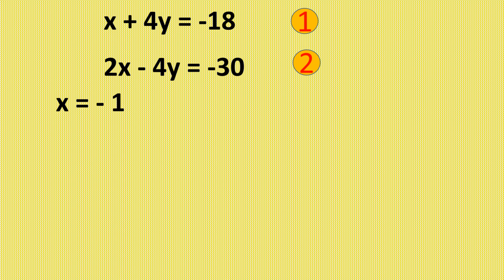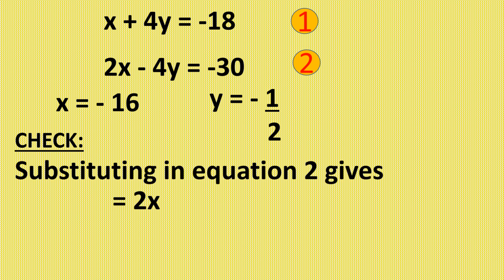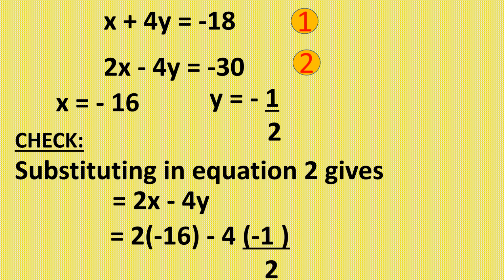So we'll also substitute x is equal to minus 16, and y is equal to minus half into equation 2. In equation 2, what do we have? 2x minus 4y should be equal to minus 30. Wherever we see x, we'll put minus 16, and wherever we see y, we'll put minus half.